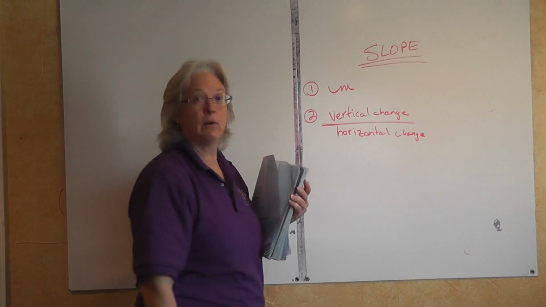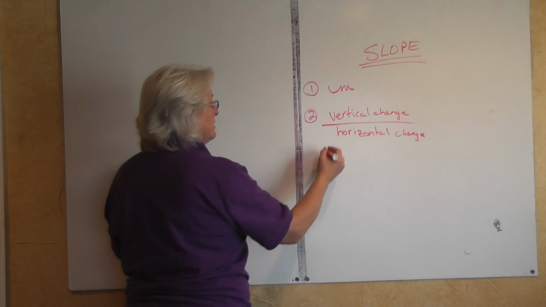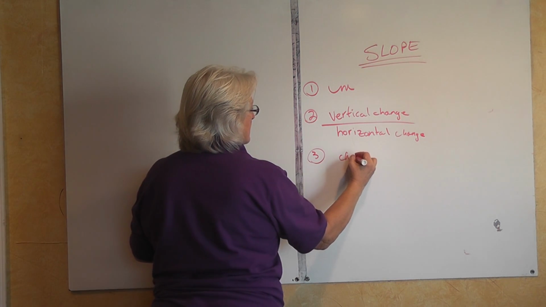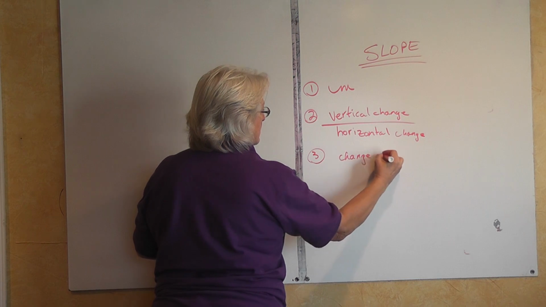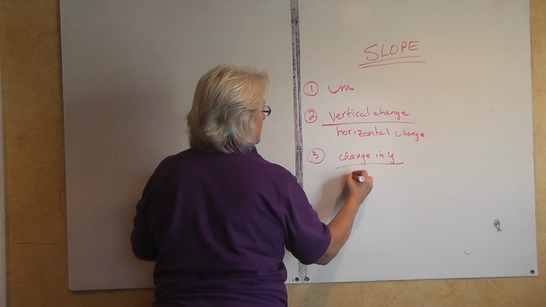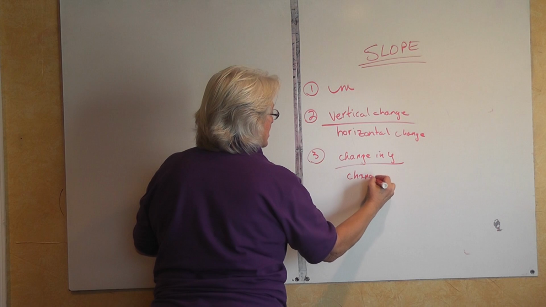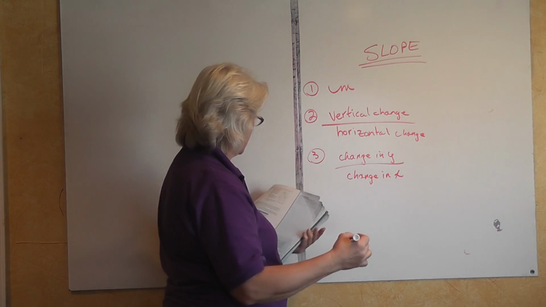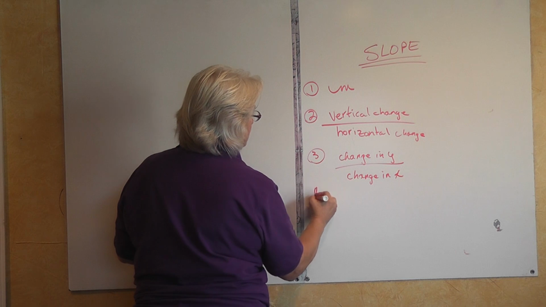Now what else can it be? It can be change in y divided by change in x. They can refer to it as rise over run.